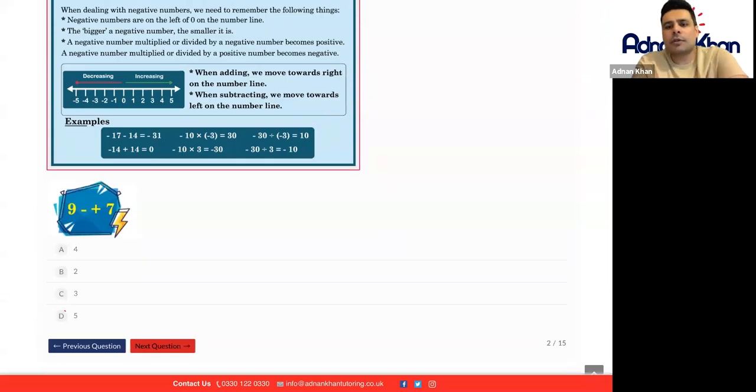So let me just show you something very quickly, Farhana. This is the formula for negative numbers. If there's a plus and a minus together, what does that make? Makes a minus. If there's a minus and a plus together, it makes a minus.